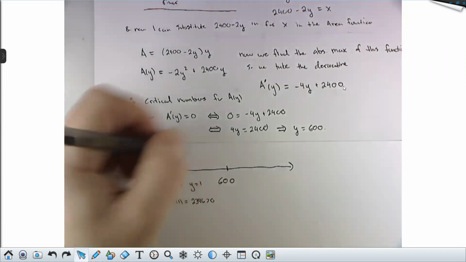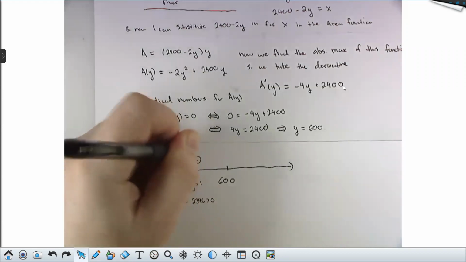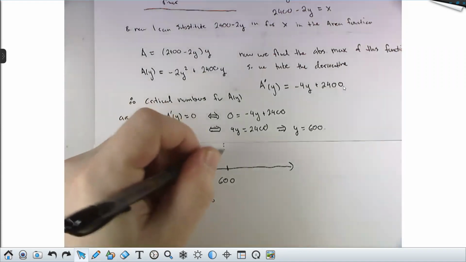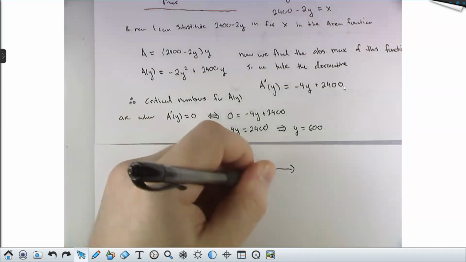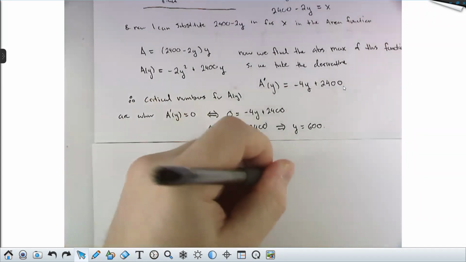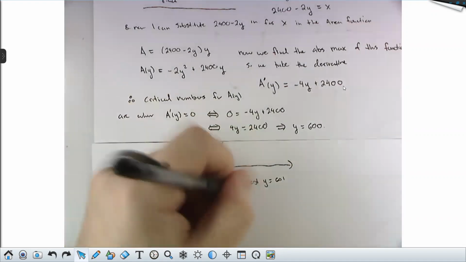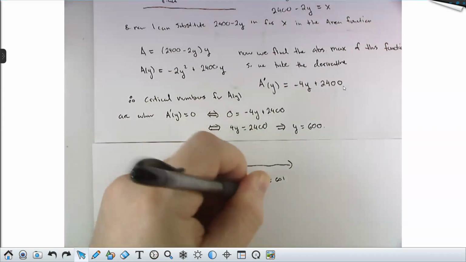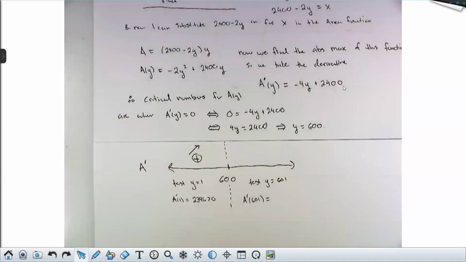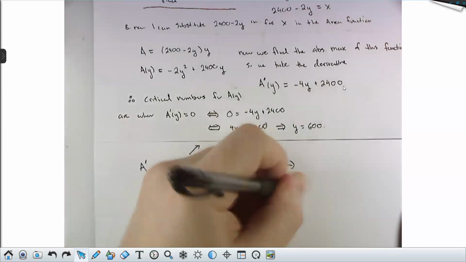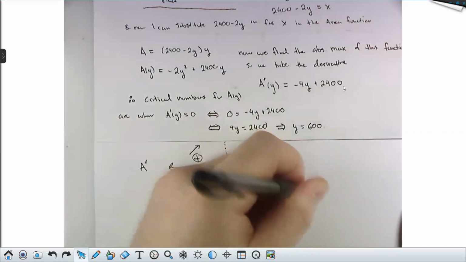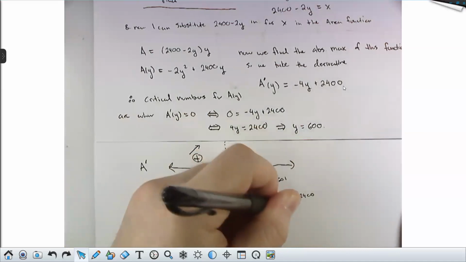In particular, it's positive, which means that the function A is increasing everywhere to the left of 600. And if we test y equals, say, 601 over here, A prime of 601 is negative 4 times 601, which is negative 2404, plus 2400, which is negative 4, which is less than 0.